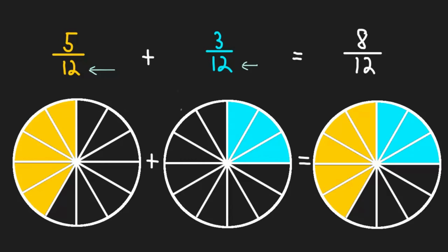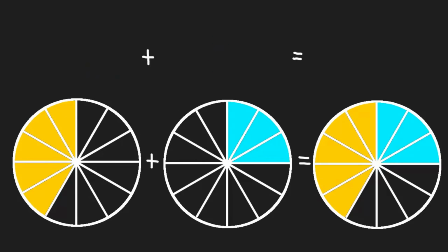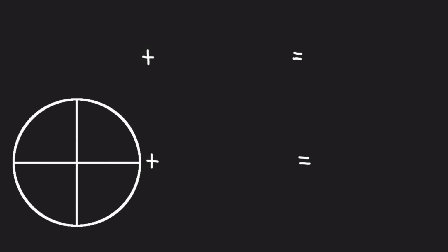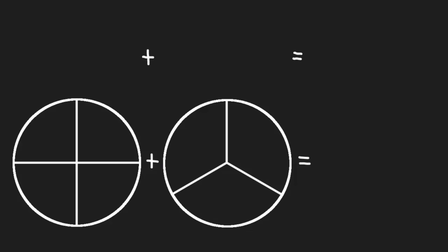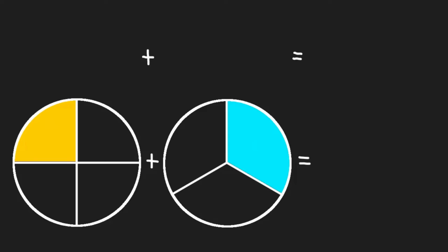What happens though if we have something a little bit different? What happens if we try and add something like 1/4 plus 1/3?